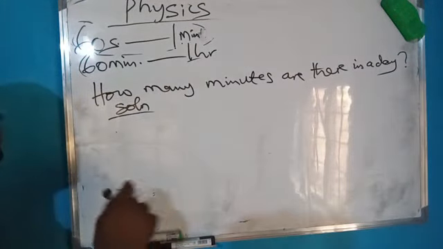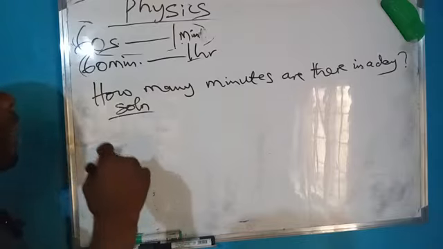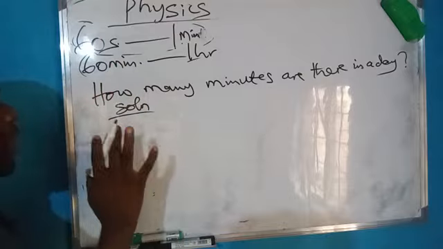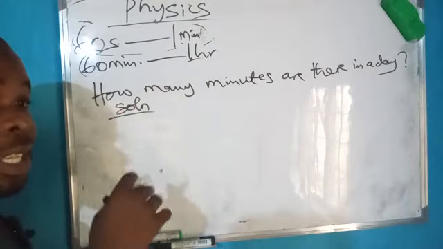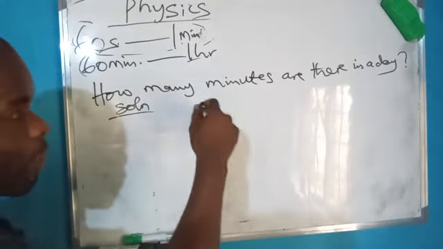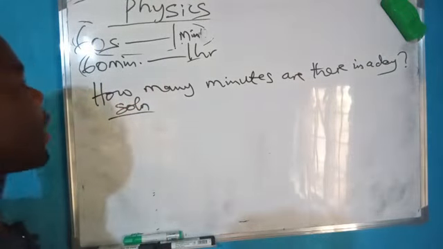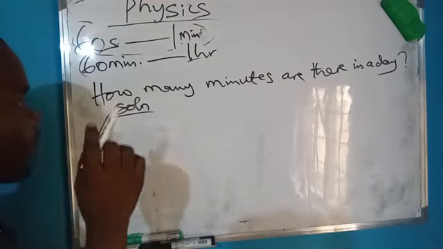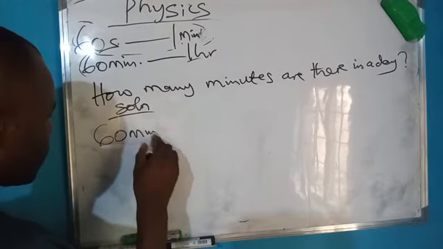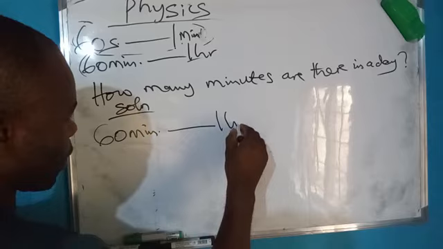Then before you now consider your preliminaries, since you have known that you are dealing with hour now and the minutes, do you understand? Because what we are asking is minutes. How many minutes? That's from hour to minute now. I know that 24 hours make 1 day. Then what you will do is you just come here and write 60 minutes make 1 hour.